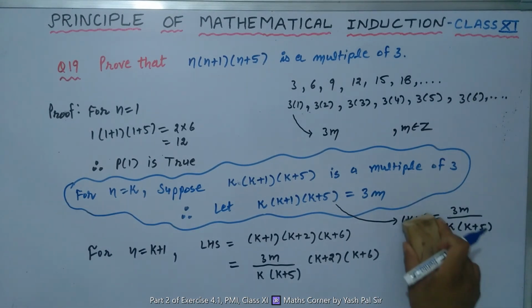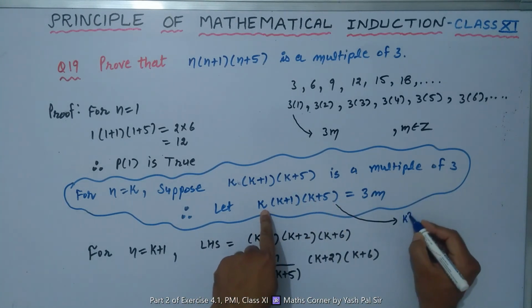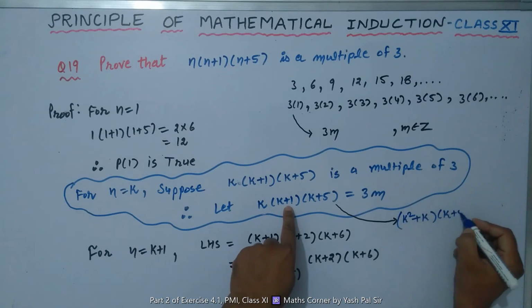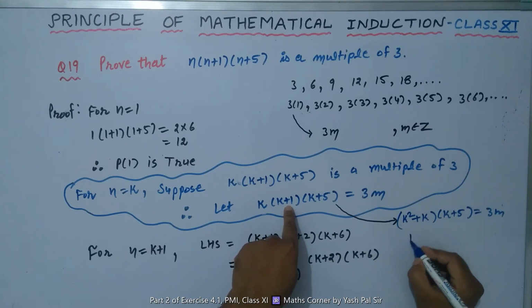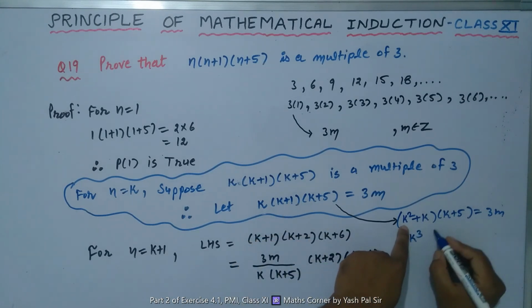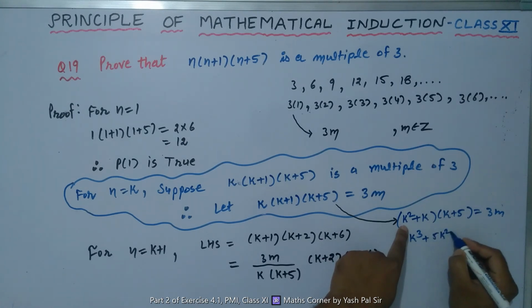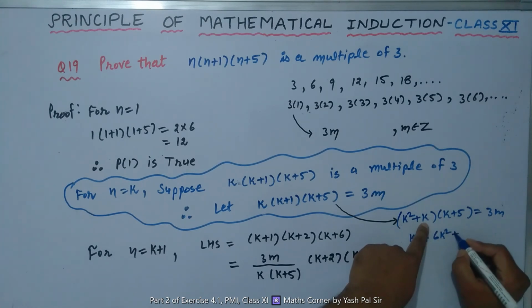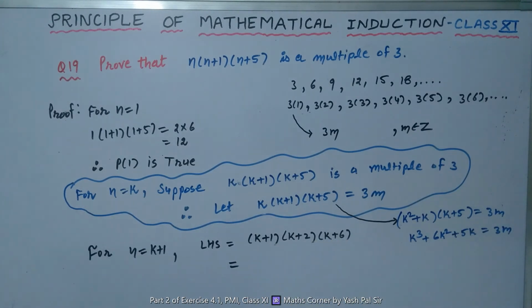Or in other way, solving this equation, this becomes k square plus k into k plus 5 is equal to 3m. Further, this can be written as k power 3 plus 5k square plus k square. This becomes 6k square plus 5k is equal to 3m. So here also what we do, we multiply the equation.